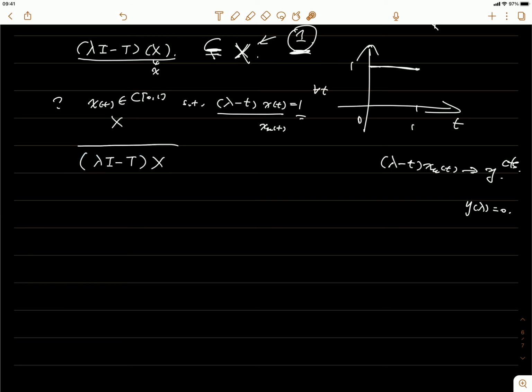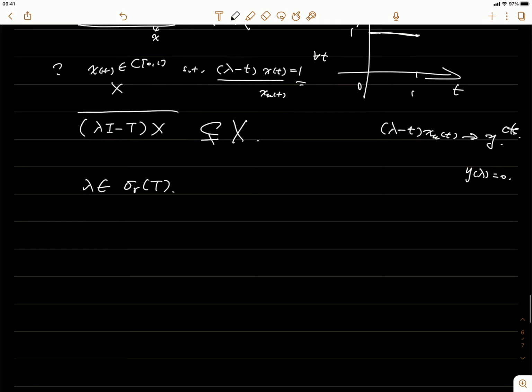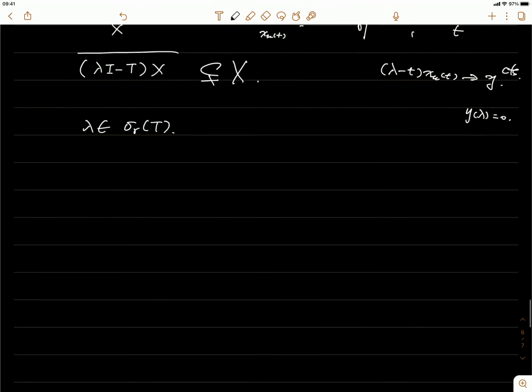That means this set is not dense in X, or that if we take the closure of this set, it is still not the full X. It's still just a proper subset of X. So this means that λ must be in the residual spectrum. Okay, so the last case.